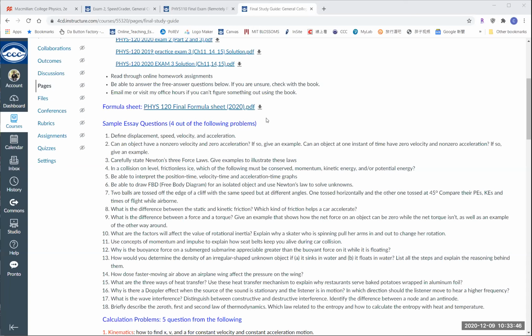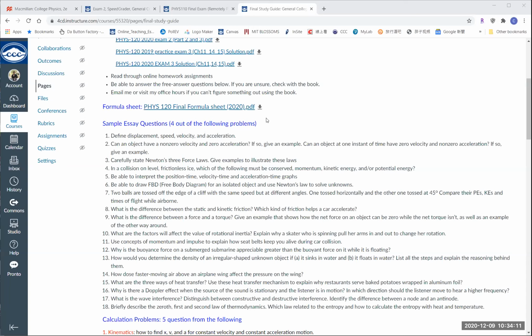Then what will be conserved? Well, momentum is always conserved if there's no external force. So in collision, momentum is always conserved without any external force, and in this case there's no external force.